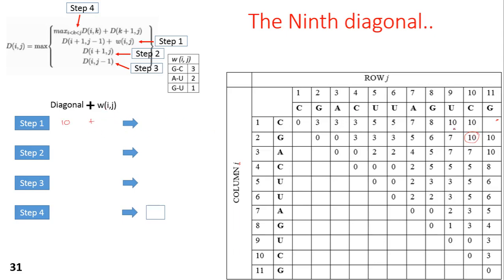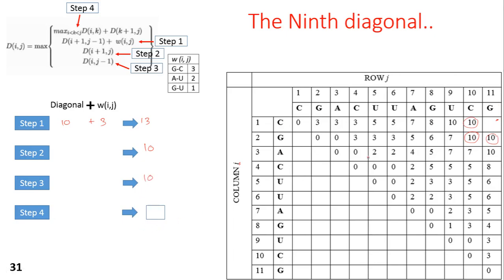Can we add a weight value? This box corresponds to base pairing of G with C. If G gets paired with C, you need to add the weight value of 3. 10 plus 3, that would be 13. Step 3 would be 10, column contribution. Row contribution would be 10.